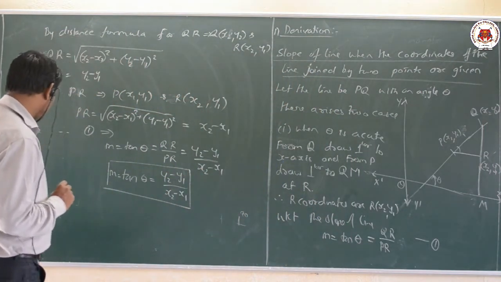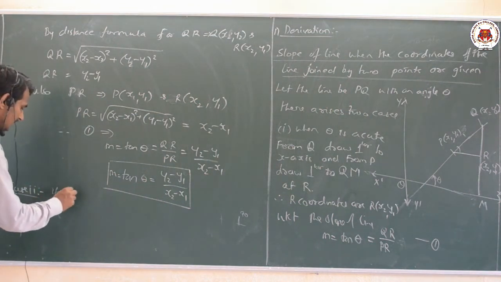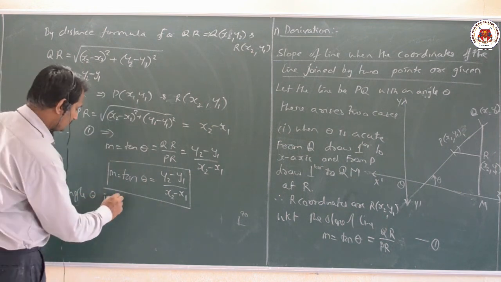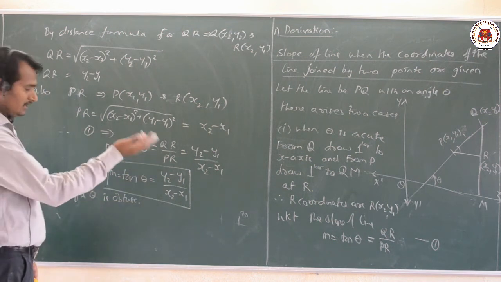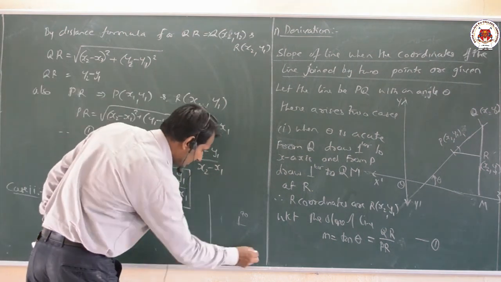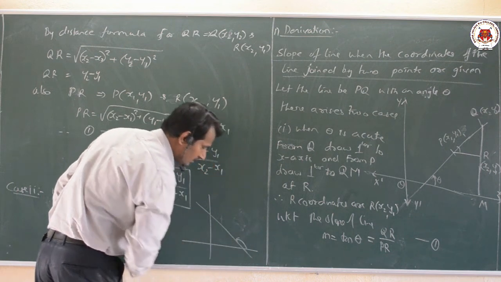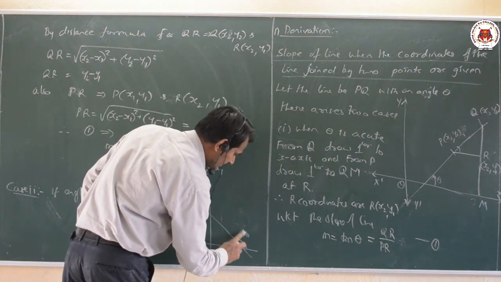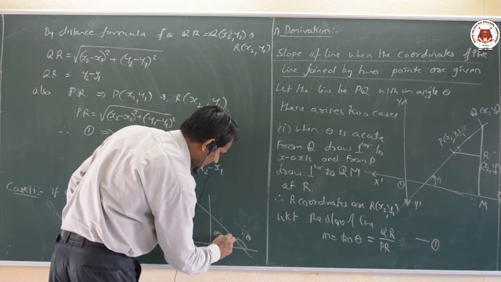Similarly, one more case we have, that is case 2: if the angle theta is obtuse, that means the line will be of this particular type. This is the second diagram. The angle theta is measured in the anti-clockwise direction, and if you measure here, it is 180 minus theta.